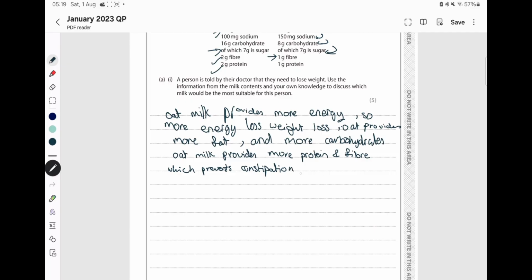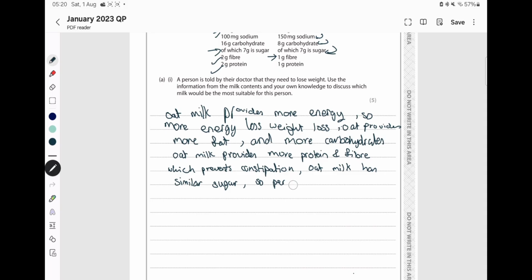And we're also going to state that almond and oat milk have a similar amount of total sugar. So, similar sugar.